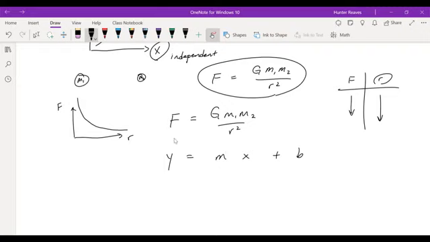So how can you make this the case? Well, we already know that the force is the dependent variable y. That's why we chose to plot F on the y-axis. And we know that x is our independent variable, but in this case, if we plot F versus r, then this is, of course, 1 over r squared.